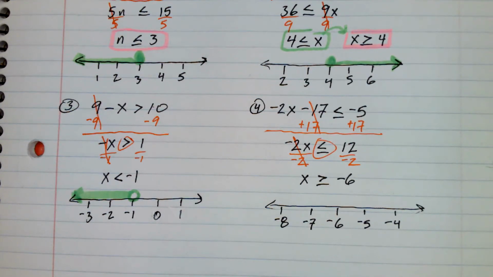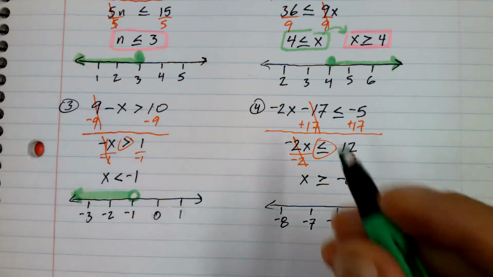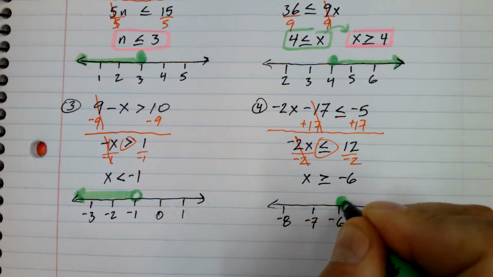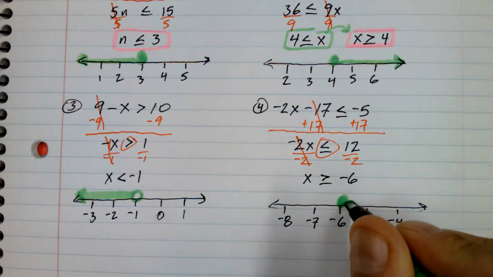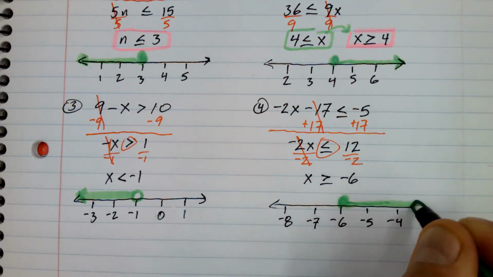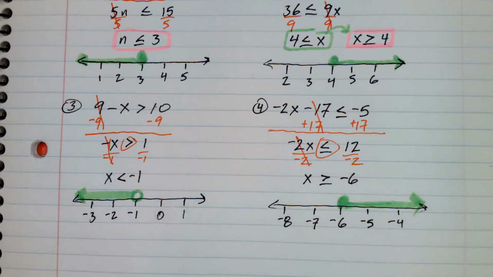Okay, so at negative 6 is a solid point, and then we want all numbers greater than that. So everything like this. Okay, any questions?